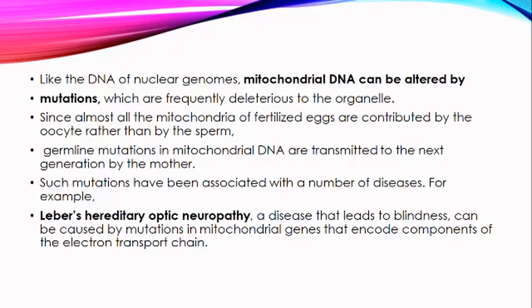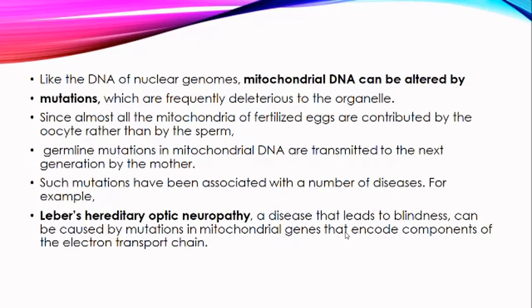So, one good example is the Leber's hereditary optic neuropathy. So, this is a disease that leads to blindness and can be caused by mutations of mitochondrial genes that encoded components of the electron transport chain.